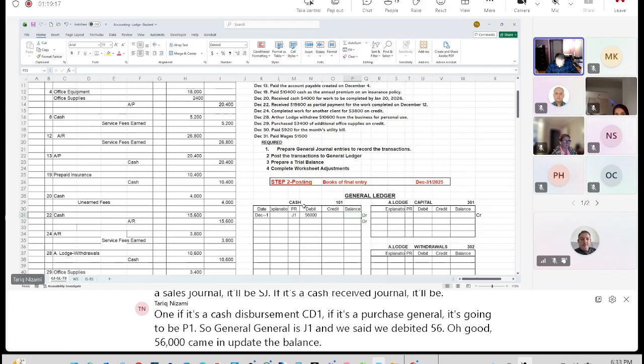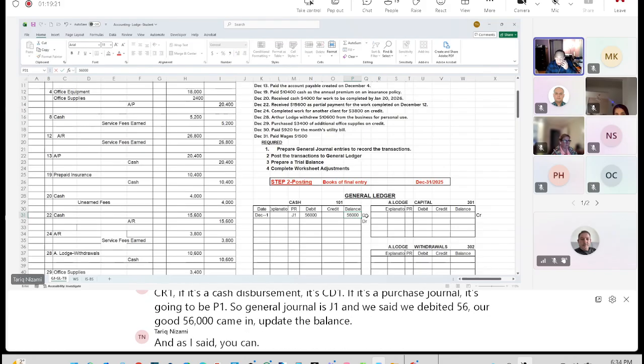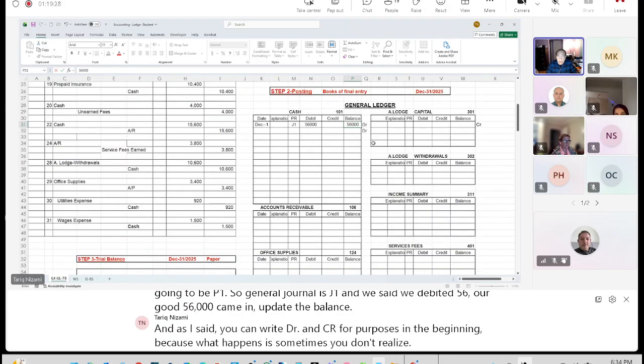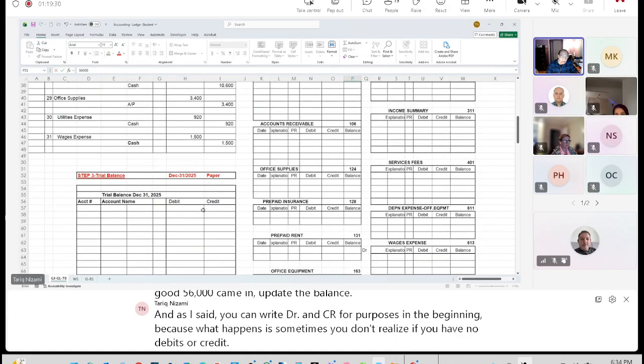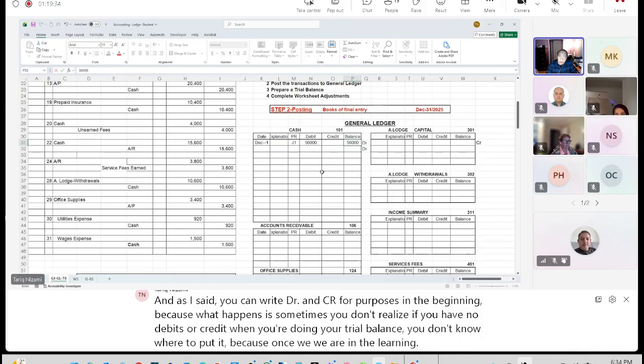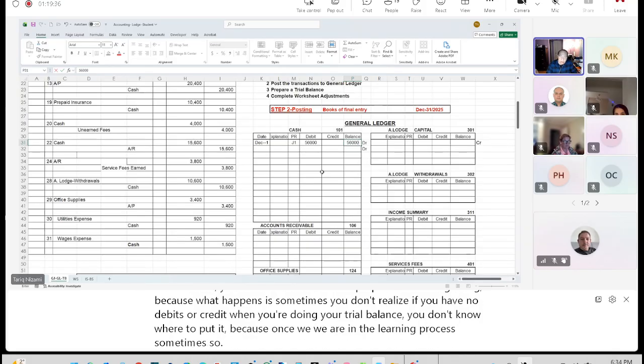Update the balance. And as I said, you can write DR and CR in the beginning, because sometimes you don't realize, if you have no debits or credits when you're doing your trial balance, you don't know where to put it, because we are in the learning process.